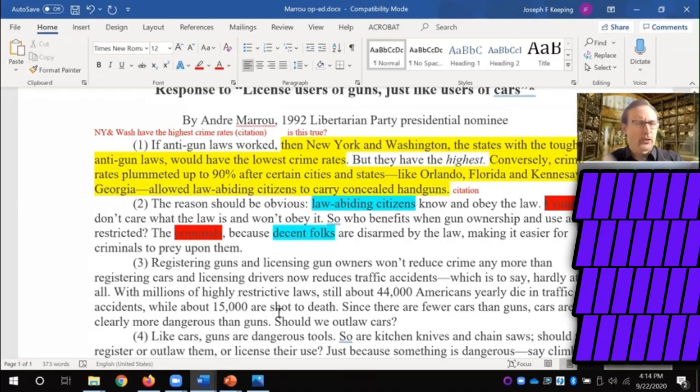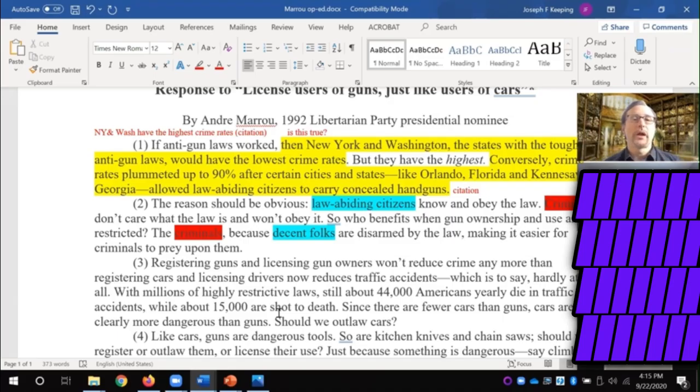It also goes much faster if you do it with pen and paper and actually mark up the text, as you can tell. So I've highlighted these different things to show that Mr. Marrou is setting up some sort of contrast or dichotomy between what he calls criminals and what he calls law-abiding citizens or decent folks.